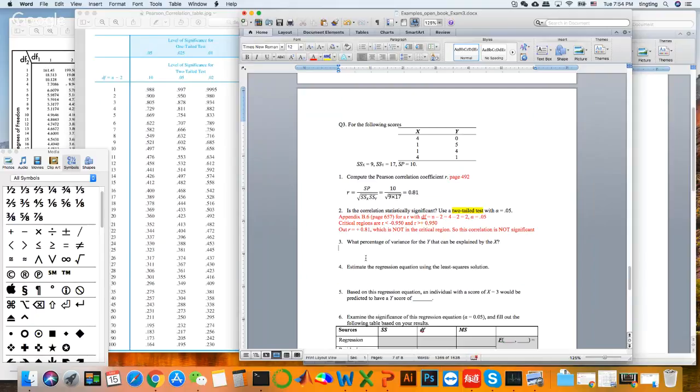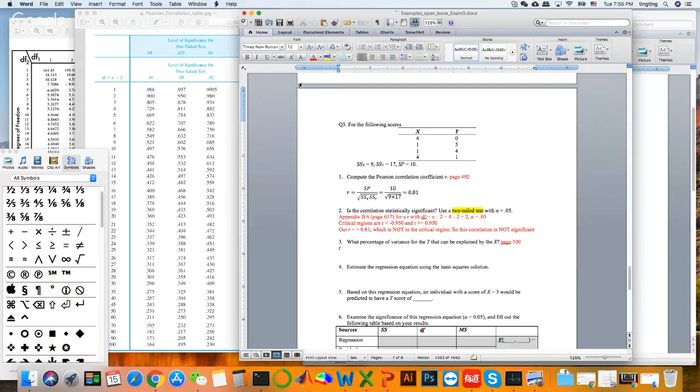Okay. What percentage of variance of Y can be explained by X? To compute the percentage of variance explained by X, we need to compute r squared, which you can find at page 500.